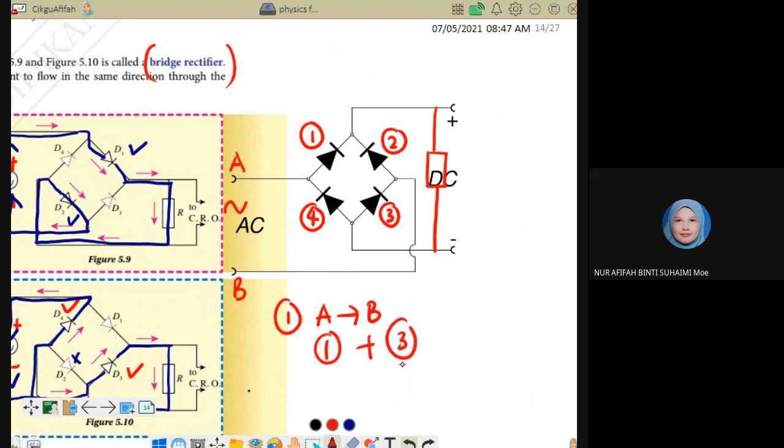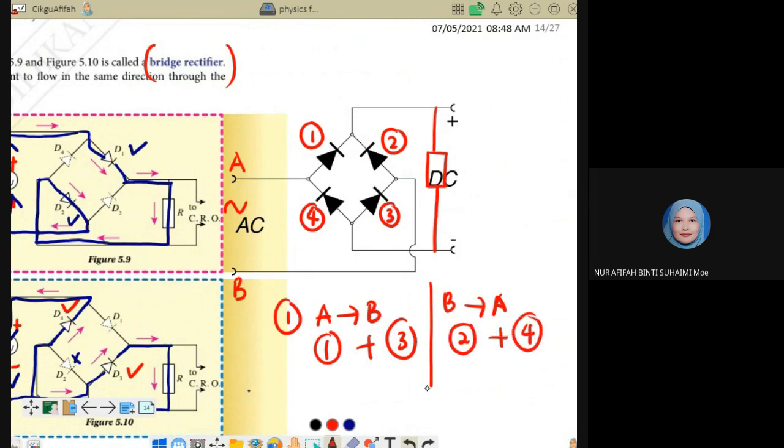Diode number 1 and diode number 3. And then for the negative half cycle from B to A, it will go through diode number 2. Okay, from B, diode number 2 to resistor and then number 4. Number 2 and number 4.